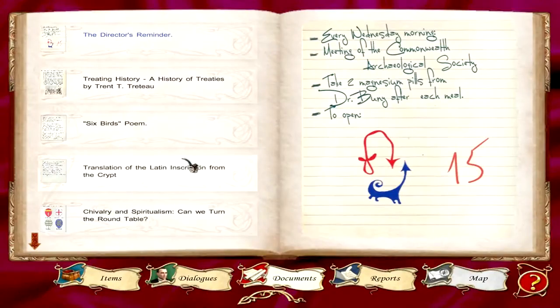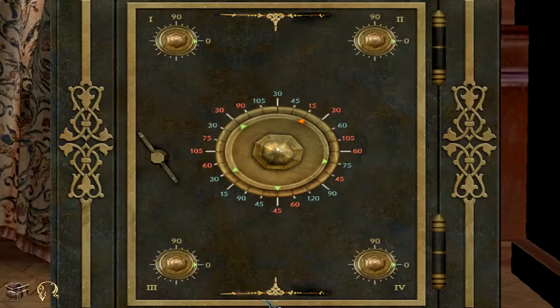But if you'll remember from the notes, it has red going clockwise and blue going counterclockwise. Another thing that kind of threw me off is the increments. For some reason I was thinking of it in certain degrees. So I was thinking this as being 45 degrees, 90, 180, but it doesn't work like that.